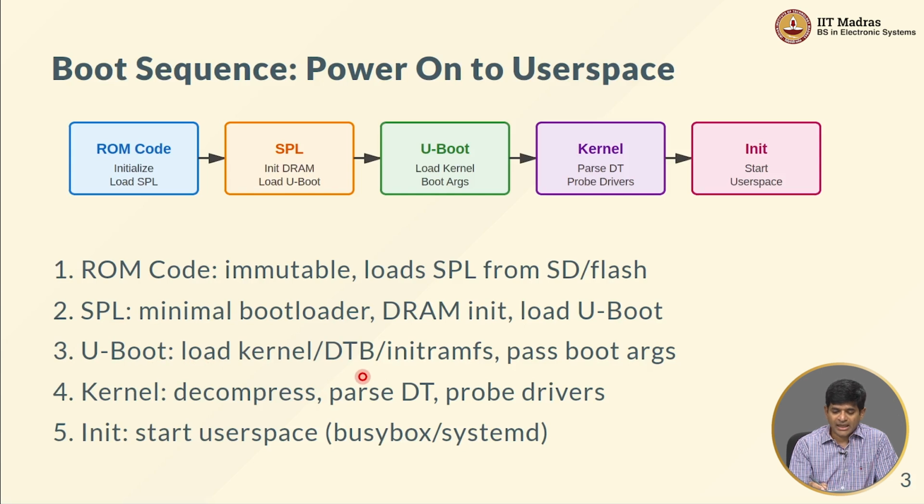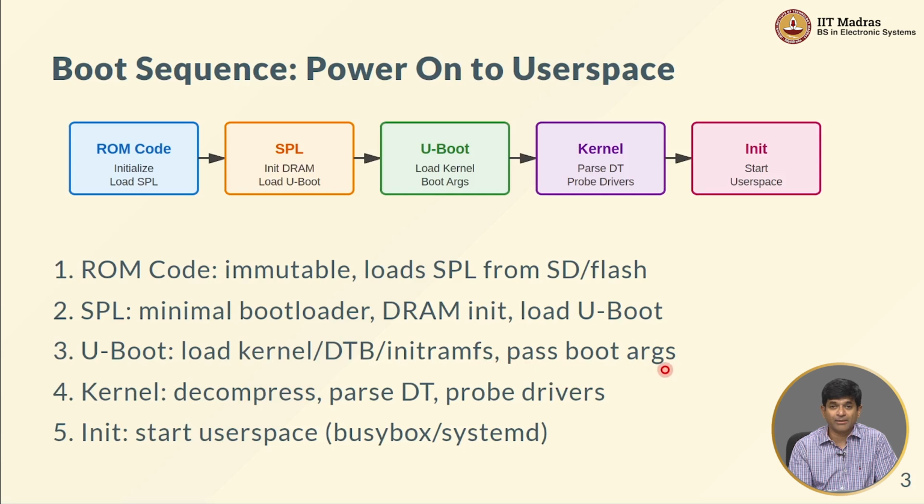And one more thing which we have mostly skipped in most of the Renode demos but which exists in most systems is something called the initramfs, or the init RAM disk, which is the initial file system containing some very basic files that are required for the system to come up. All of these are loaded into memory by U-boot.